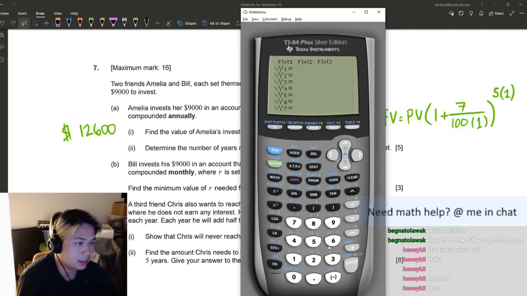And I'm actually just going to graph the function, which is $9,000 times 1.07 to the power of x, which is the number of years. And then my window, I'm gonna say maybe it'll take her 20 years, somewhere between 0 and 20 years. And again, I already know what y values I'm interested in.